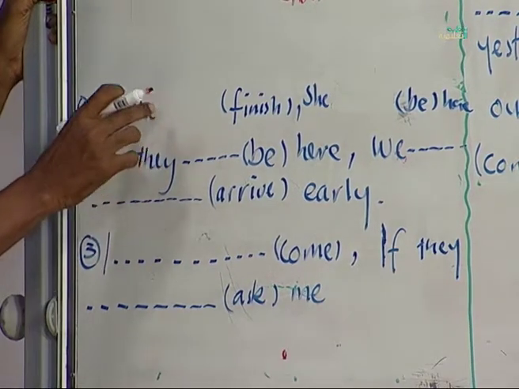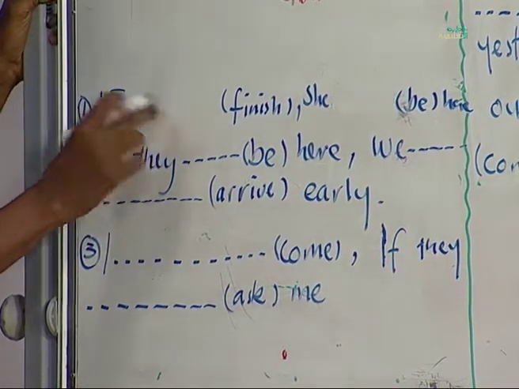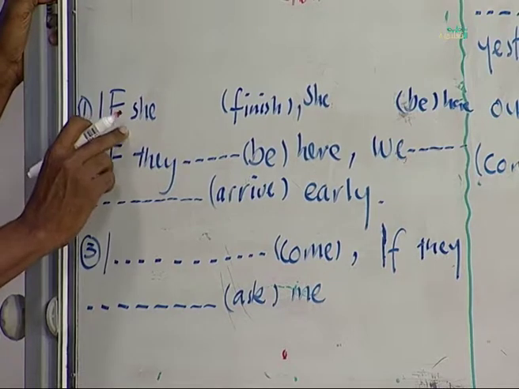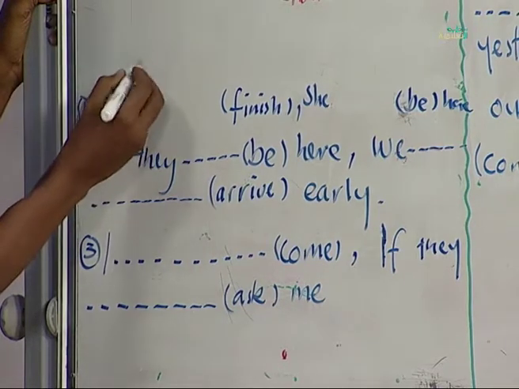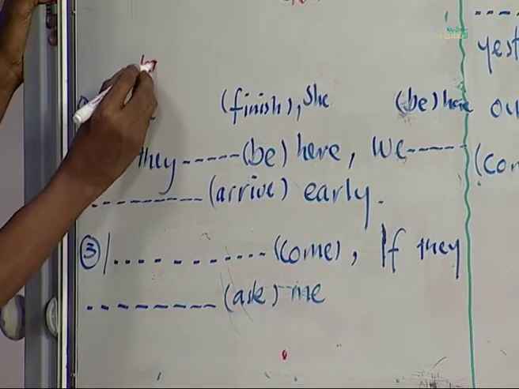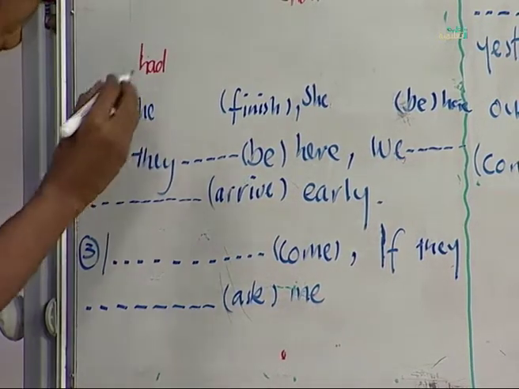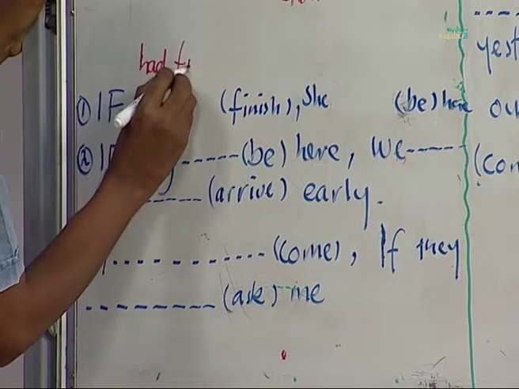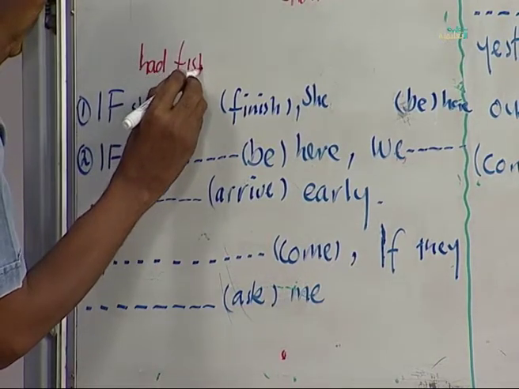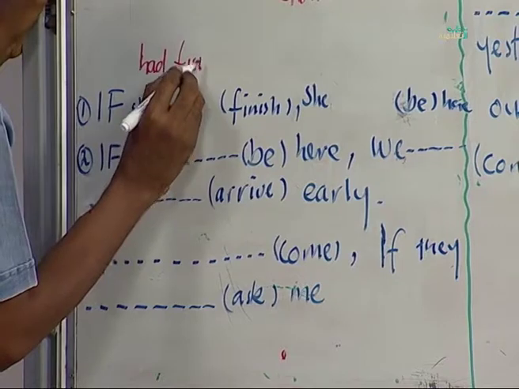And because I'm going to use the third type, it has to be like this: if she had finished, and this means the tense here is past perfect.